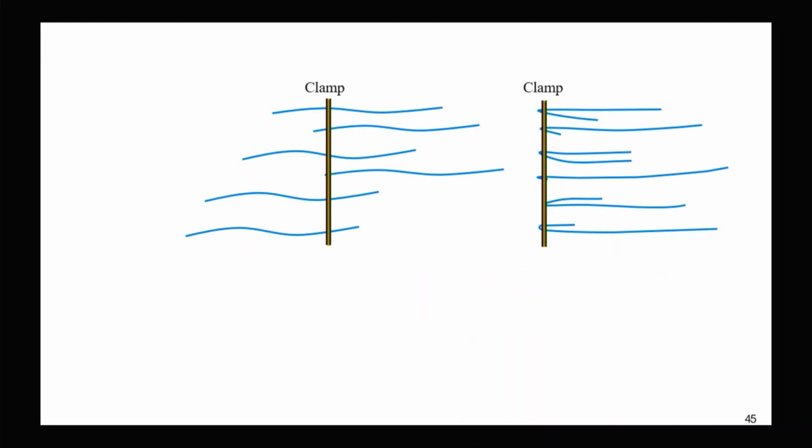Now here, this is a clamp, as I have mentioned. This clamp, where we select the clamp here, the crossing point is this. This is the clamping point.